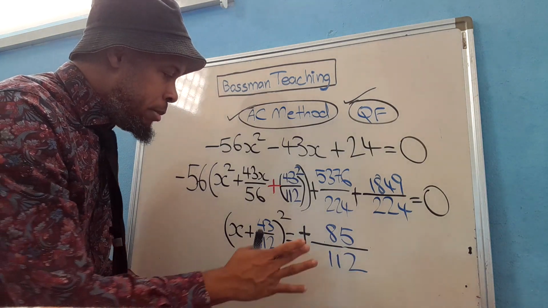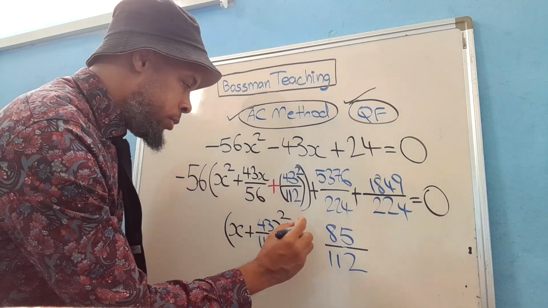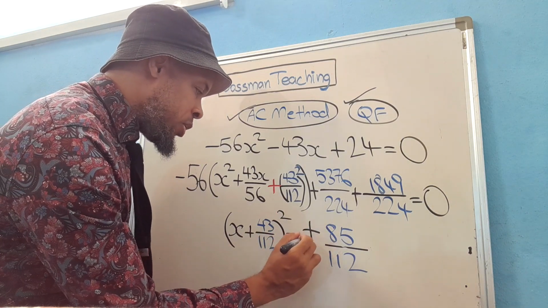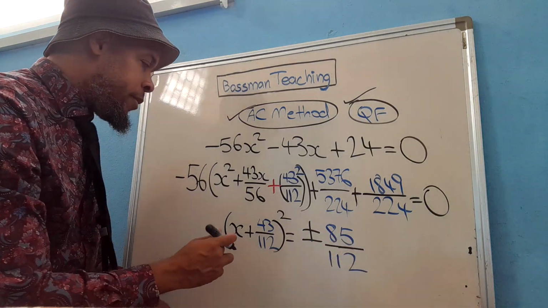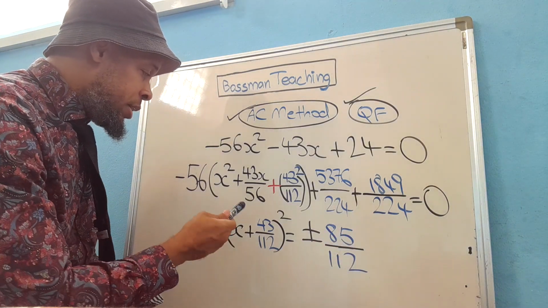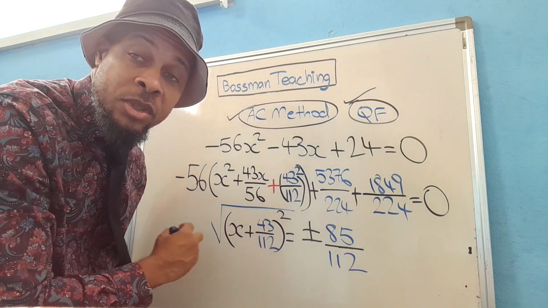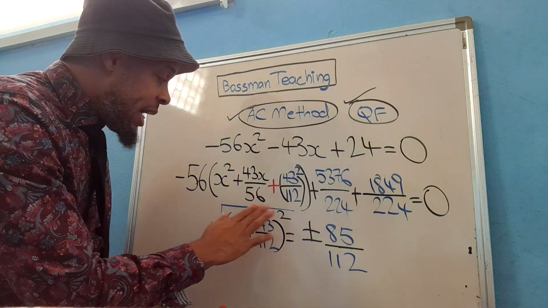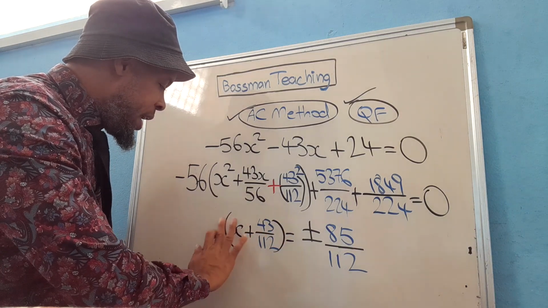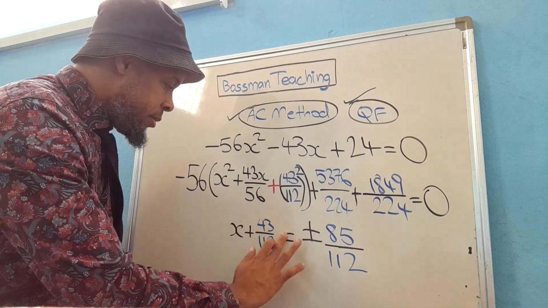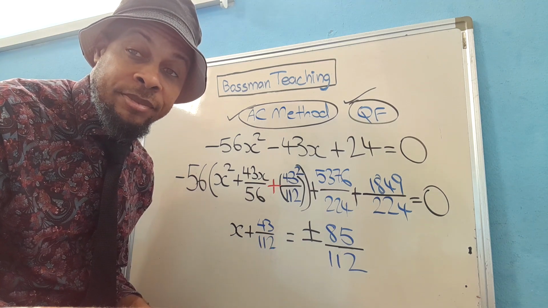And that would mean that this sign will now become a plus or minus 85 over 112, which means that what we did was we square rooted this, and if you square root a square, what happened? It cancels, so therefore, get rid of that. There you go.